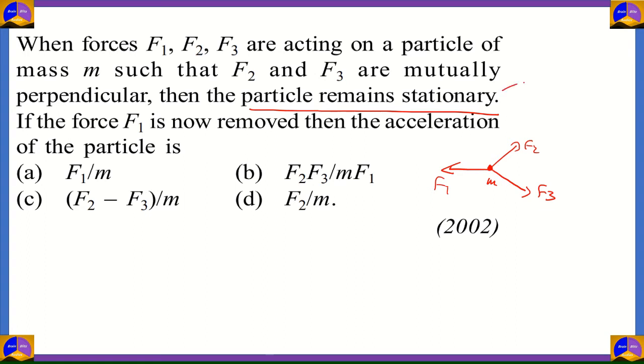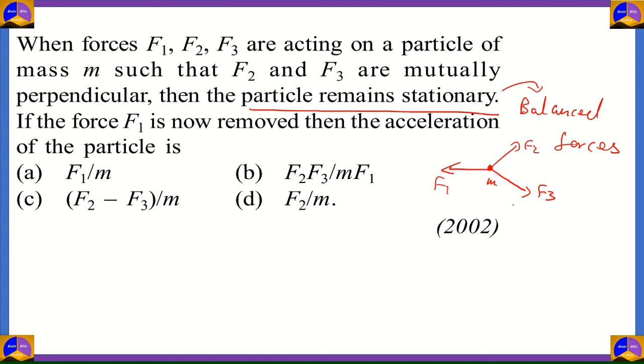So when does a particle remain stationary? Either if there is no force acting on it, or if there are balanced forces acting on it. So here, since the particle remains stationary, F1, F2, and F3 are balanced forces.